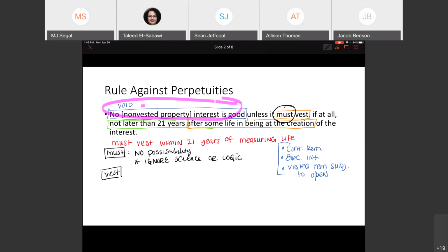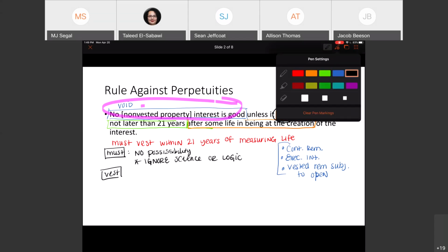And there is no confusion or uncertainty about who gets the interest. Okay? Any questions on the definition of must or the definition of vest? All right, seeing none.